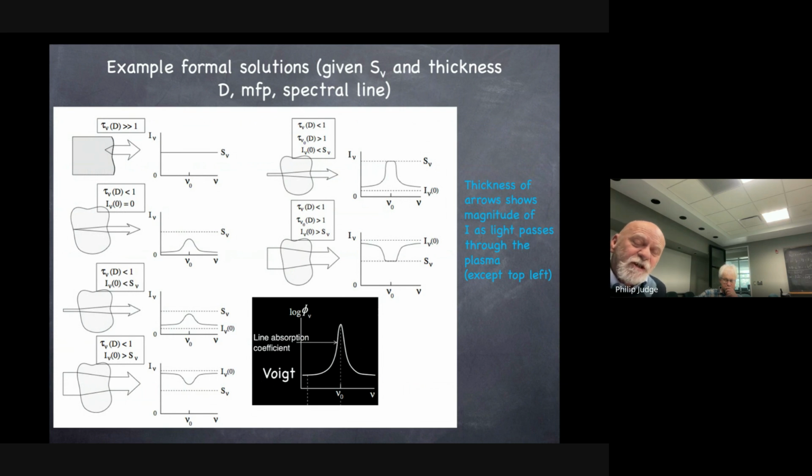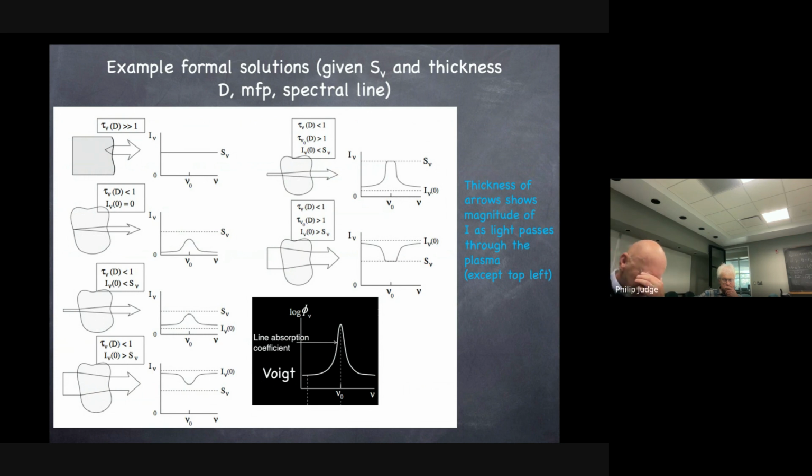Again, this is very specifically for a flat source function, and we're just looking at the intensity of radiation under all the conditions. So we have, in principle, almost everything we need to know to interpret a variety of different kinds of line profiles, but it's not realistic because we've assigned a flat source function to it.